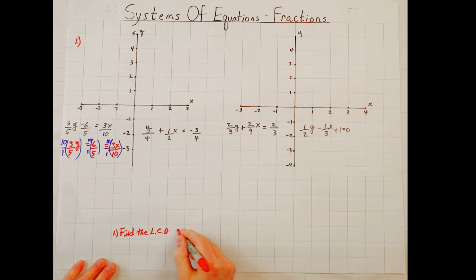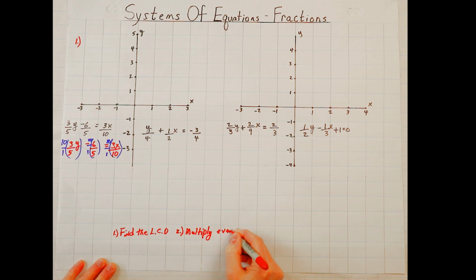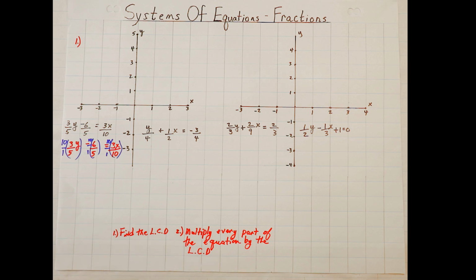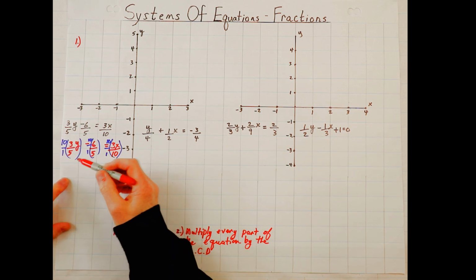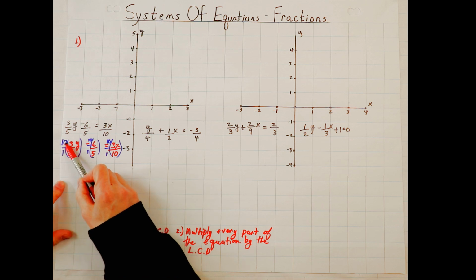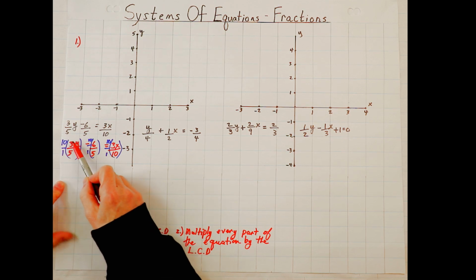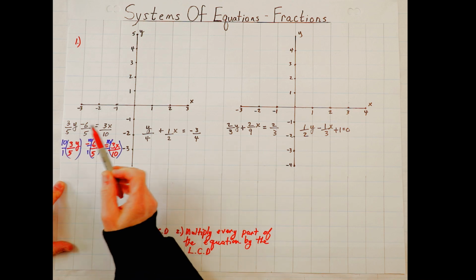So step 2, multiply every part of the equation by the LCD. All right, let's proceed to the next step. When you multiply fractions, it's numerator by numerator, denominator by denominator.